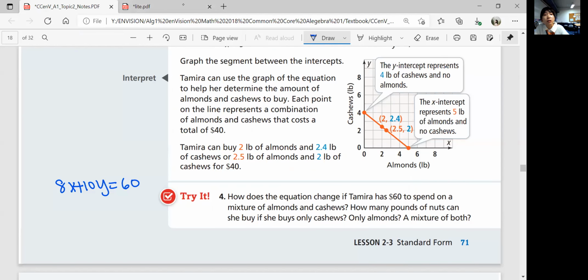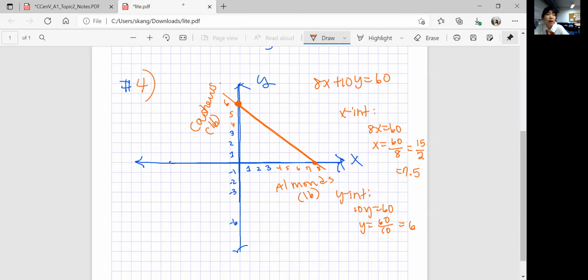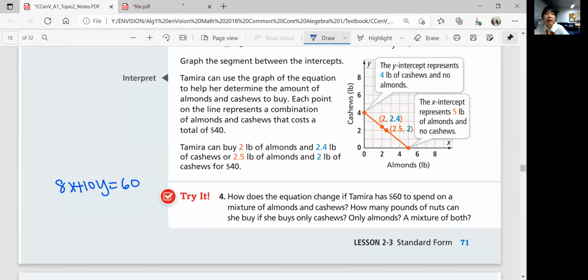What about a mixture of both? You can find any combination that satisfies this equation of the line. Any point on this line could be a mixture of both, right? 3 pounds of almonds and maybe 3.2 pounds of cashews. That could be one example, but there are many, many correct answers for this last question.